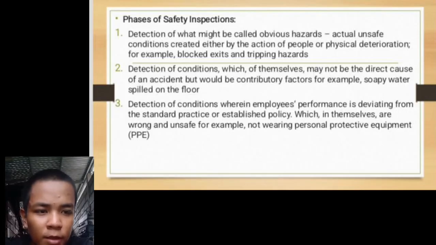For example, soapy water spilled on the floor. 3. Detection of conditions wherein employees' performance deviates from the standard practices of established policy, which in themselves are wrong and unsafe. For example, not wearing personal protective equipment or PPE.